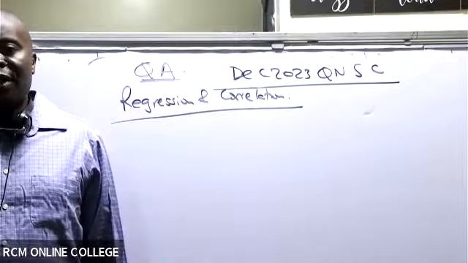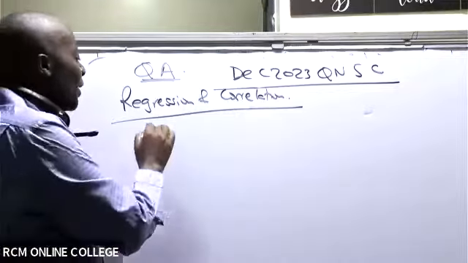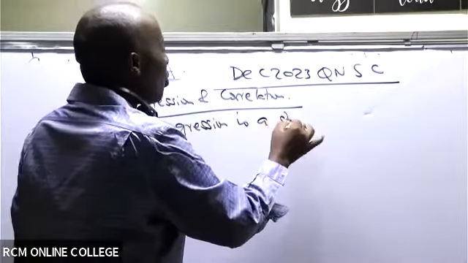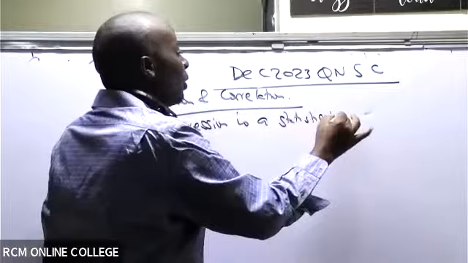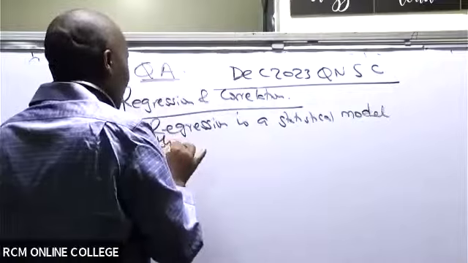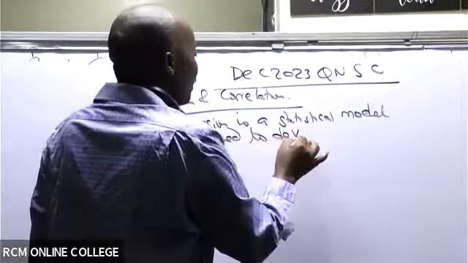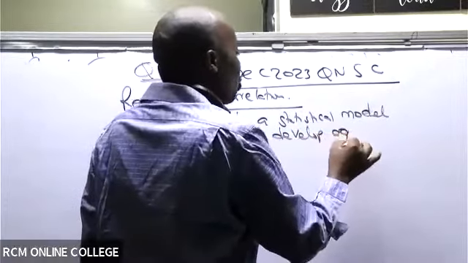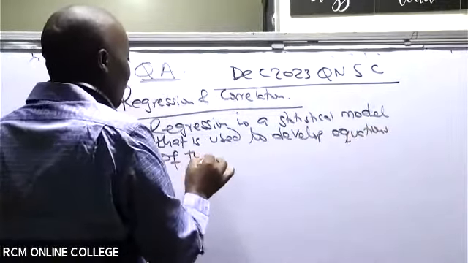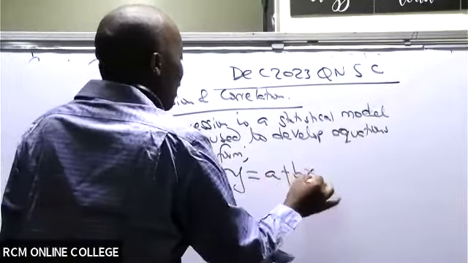Quantitative analysis. All right. So if you allow me, I'll introduce regression first, where we mentioned that regression is a statistical model that is used to develop equations of the form y equals a plus bx.